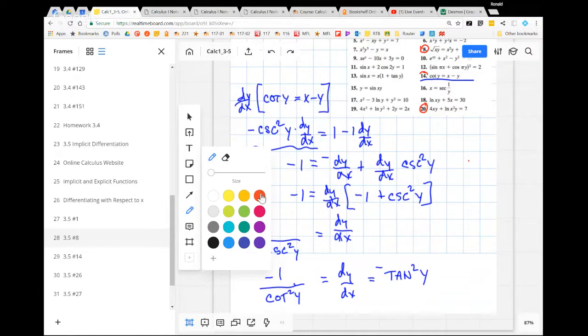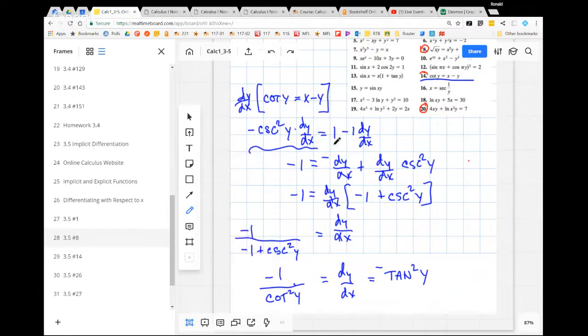So this guy right here, I wanted to get rid of that, so I subtract. So anyway, here we are. So now I've got two dy dx terms on the right. I factor out a dy dx. Watch out for this negative sign. That's where that came from. All right. Now divide both sides by -1 plus cosecant squared.